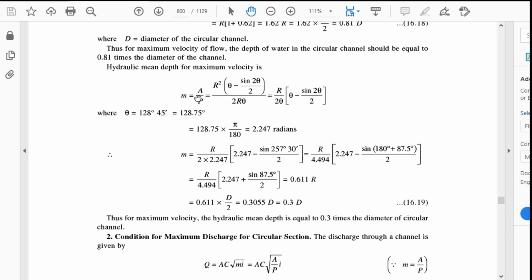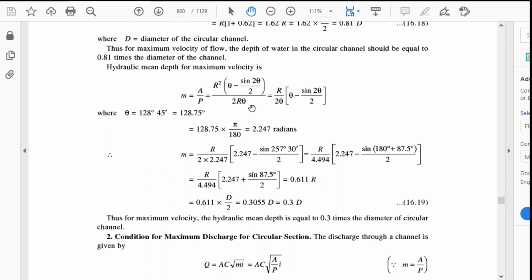So m here can be written as r squared (theta minus sine of 2 theta divided by 2) divided by 2r theta. Here the value of the angle we have calculated as 2 theta, 128 degrees 45 minutes.